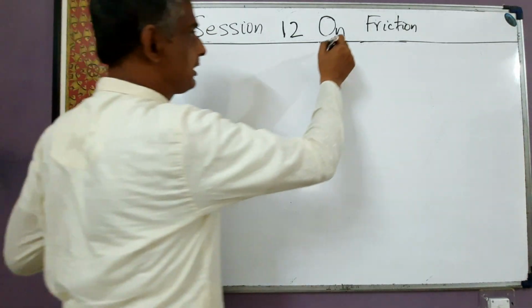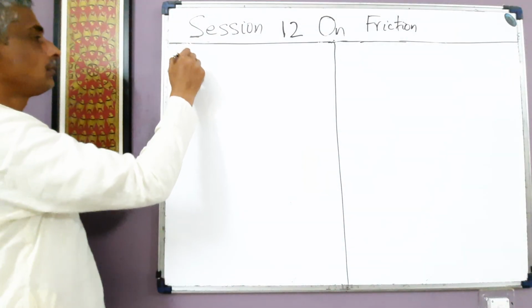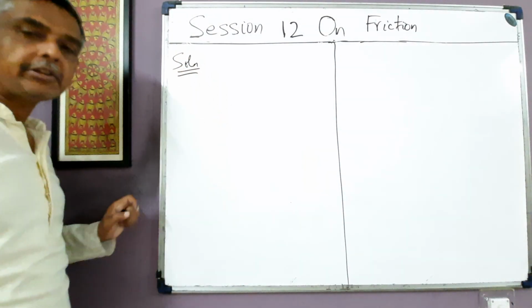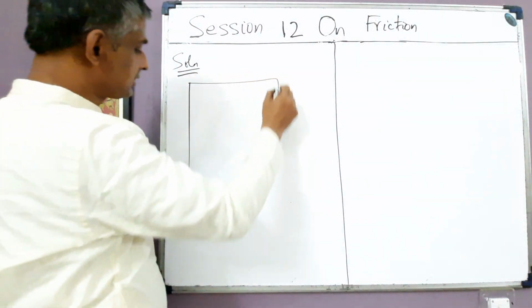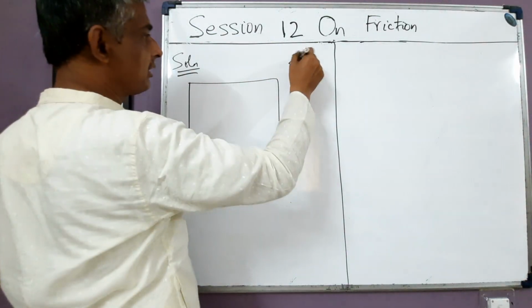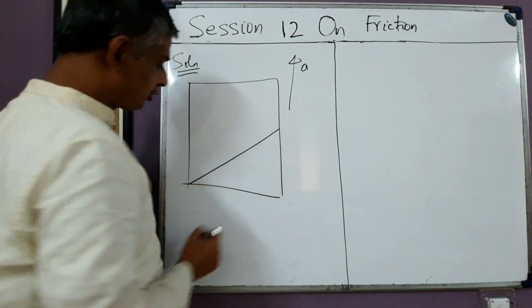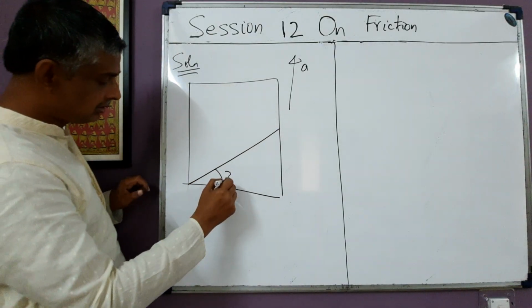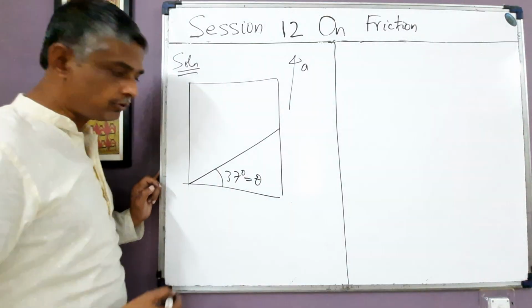First, I'll draw the diagram of the situation and then I'll solve the problem. This is the side view of the elevator, moving upward with a constant acceleration A with respect to ground. This is the board which is fixed to the floor of the elevator. It makes an angle of theta equal to 37 degrees with the horizontal floor.